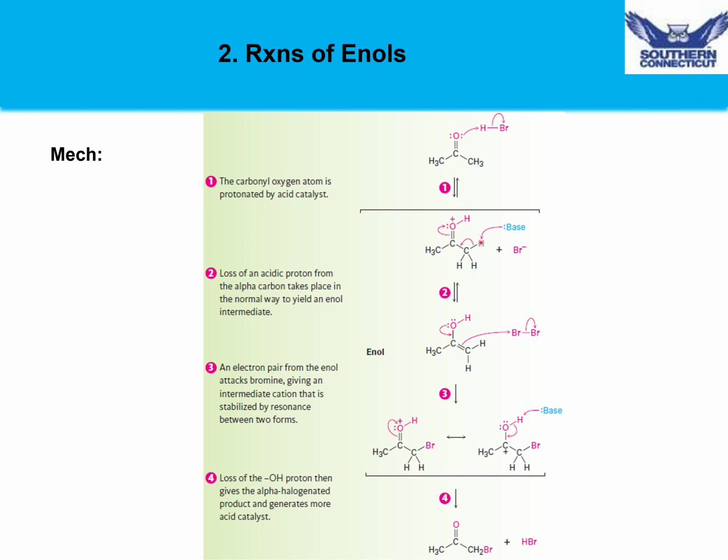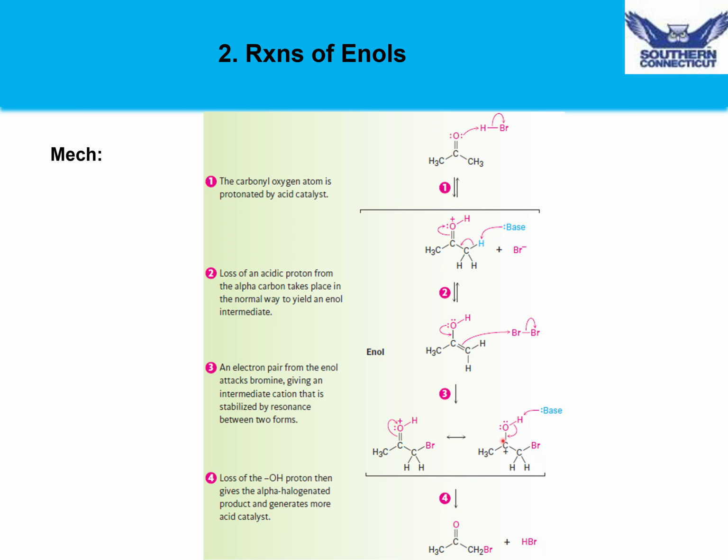The base will remove the acidic alpha hydrogen, form a double bond here, and then break the carbonyl. That leads us to this enol. Notice that these first two steps are essentially the conversion of a keto tautomer into an enol tautomer. The enol tautomer will then react with Br2, where a substitution occurs now at the alpha carbon.